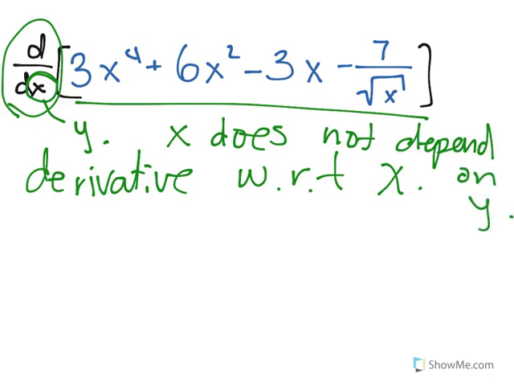If you want to get the derivative of this with respect to y, this is just equal to 0, because all the terms that depend on another variable, not the one you are finding the derivative with respect to, you can just think of as a constant, as a number.